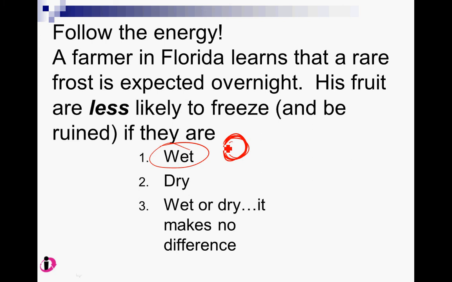It takes 80 calories to change every gram of water to ice. So 80 calories per gram of water will protect my fruit. My fruit are less likely to freeze if they're wet because the energy has to come from somewhere, and it's coming from the water instead of from my fruit. So his fruit are less likely to freeze and be ruined if they're wet.